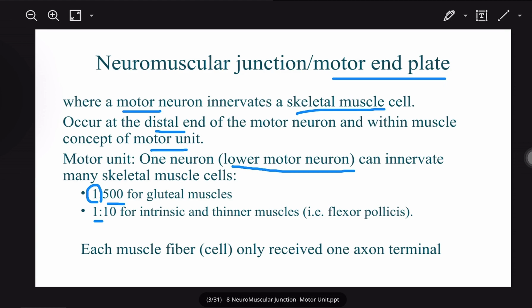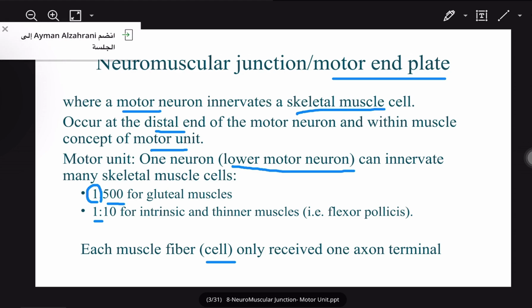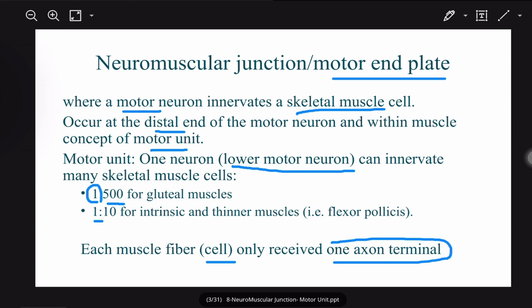Each muscle fiber, we call it a cell, only receives one axon terminal. And this is also important. What we mean by that is that each muscle fiber will only get one axon terminal, meaning there won't be two axons. Because if there were two axon terminals, of course it wouldn't work. But if it happened because of a genetic deficit from birth, we would have a mixed signal.